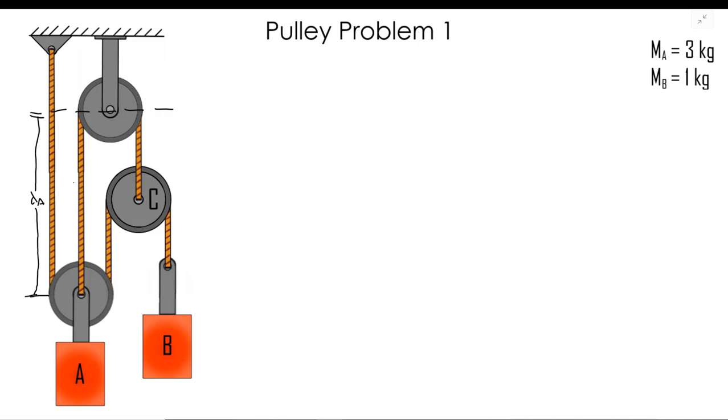So we have dA, and then we're also going to have another distance right here, dC, our distance to our pulley C in the end. And then we're going to have dB as well.